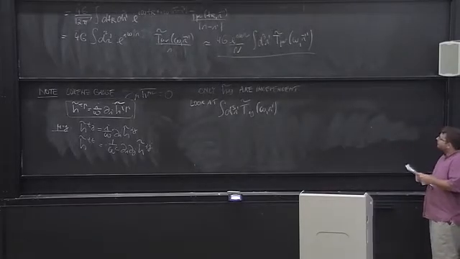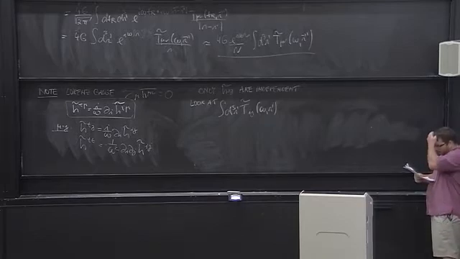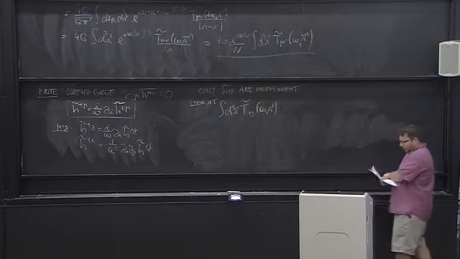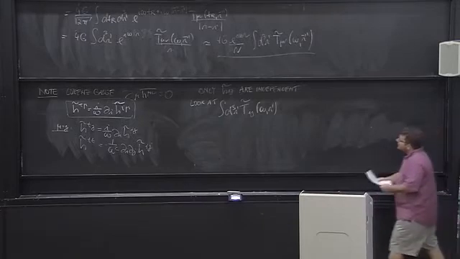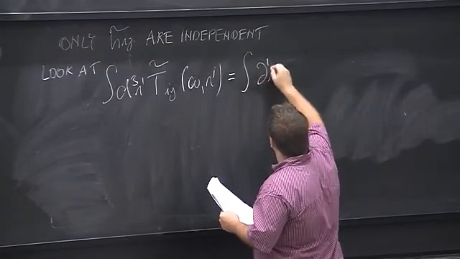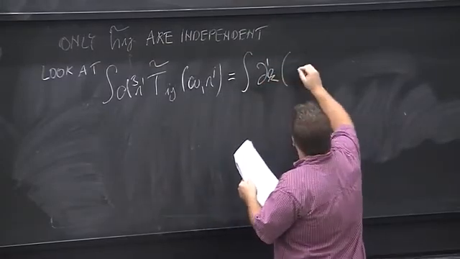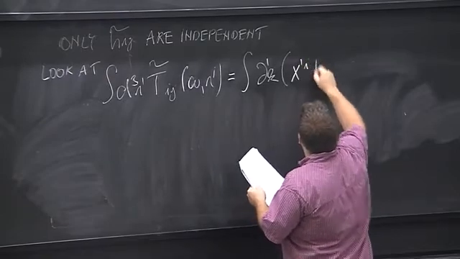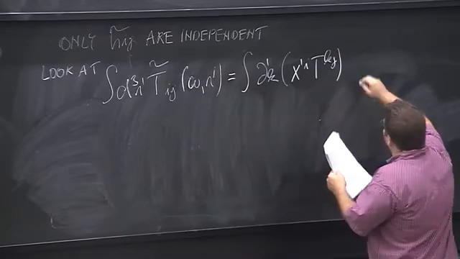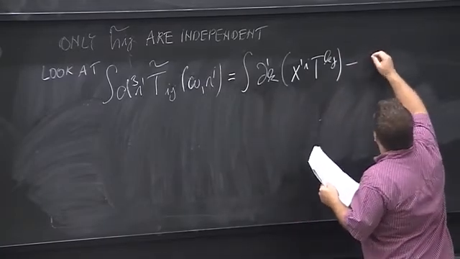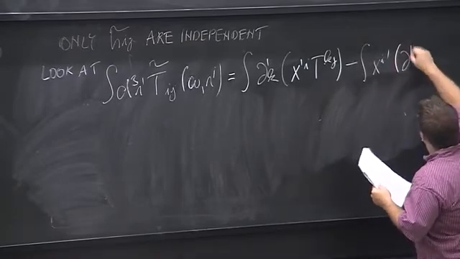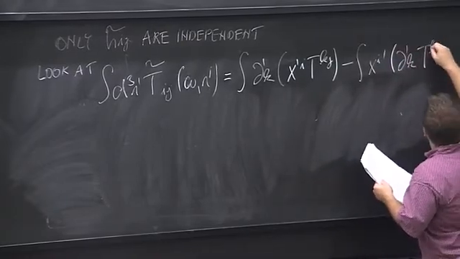Okay. And then there is a dirty trick. You can write this by a funny identity. So this is an integral over d³r' of ∂_k (x'^i T^{kj}) minus the integral x'^i ∂_k T^{kj}.